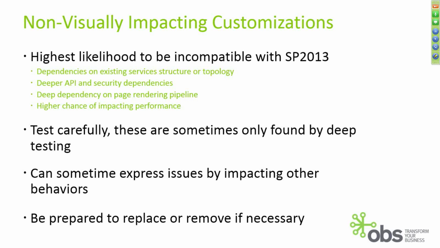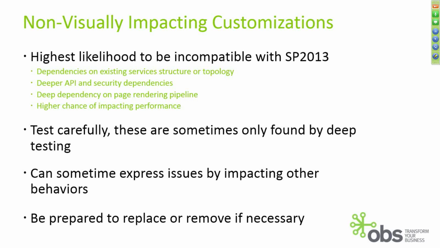So if you have any pieces like Windows services, HTTP handlers or modules, these are definitely something to flag. They'll likely need a recompilation, if not changing of code altogether, and potentially a lot of testing and some remediation to get them running. In some cases they can also be removed.